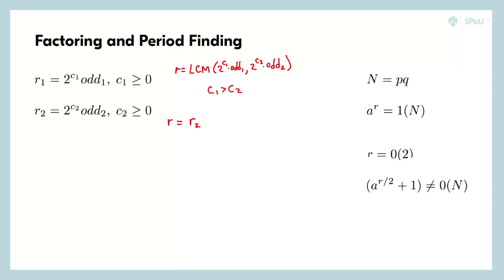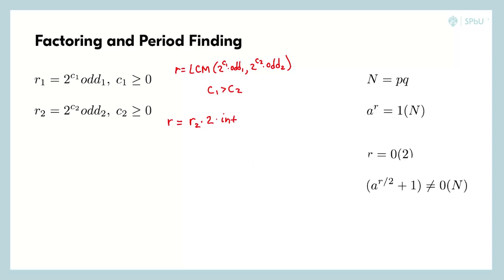Then this least common multiple, r, would have, of course, since it is a multiple of r2, r2 in its factor representation. And also it will have at least one more 2, because c1 is bigger than c2, and maybe some integer.